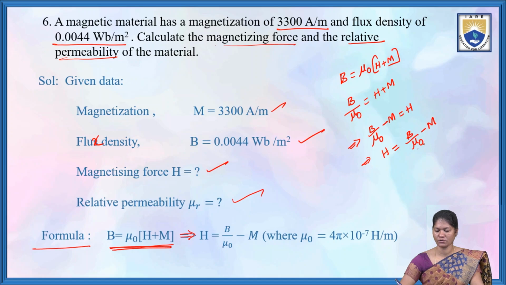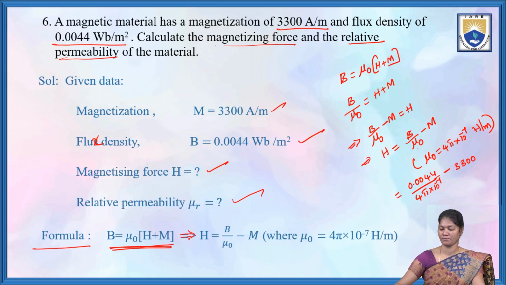Here we know the mu naught value: mu naught is equal to 4 pi into 10 power minus 7 Henry per meter. So H is equal to 0.0044 divided by 4 pi into 10 power minus 7, minus 3300 ampere per meter.